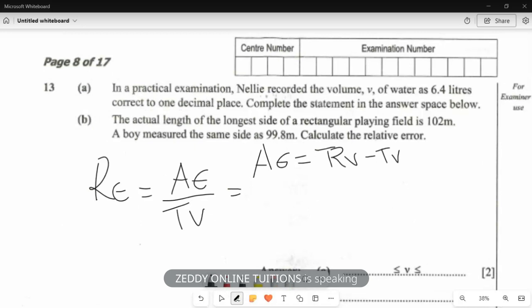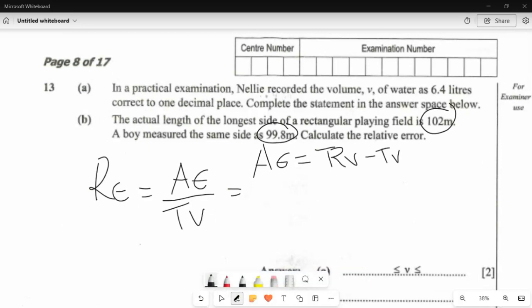So this boy recorded the value, and the actual length, the true value, is this one, but this boy measured it as this. Okay, you get the point. So now, you guys who remember very well, this is the formula, right?